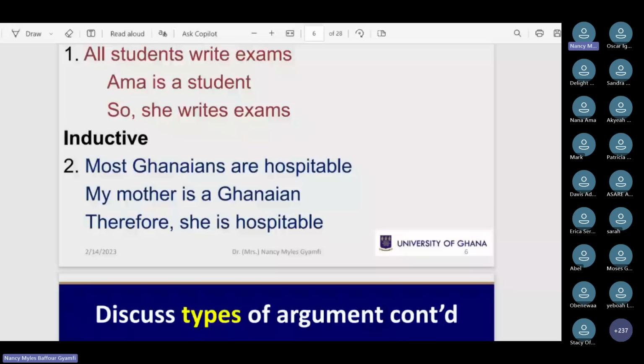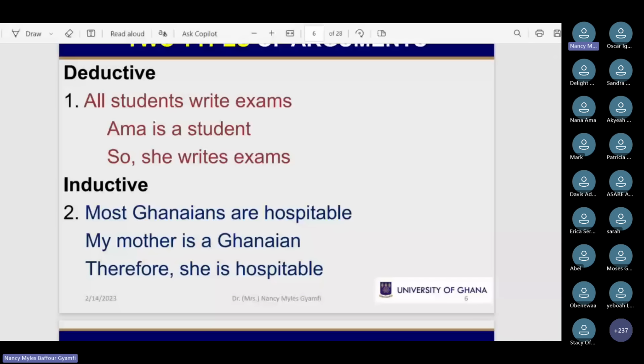So the terms valid and invalid are labels that we attach to what? Deduction. So if you do your deduction correctly, according to a pattern that necessitates the conclusion, we'll say that is a valid deduction. If you don't do it correctly, we'll say the deduction is an invalid one.